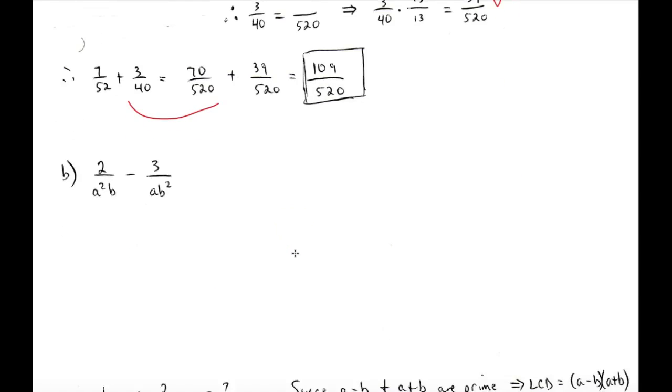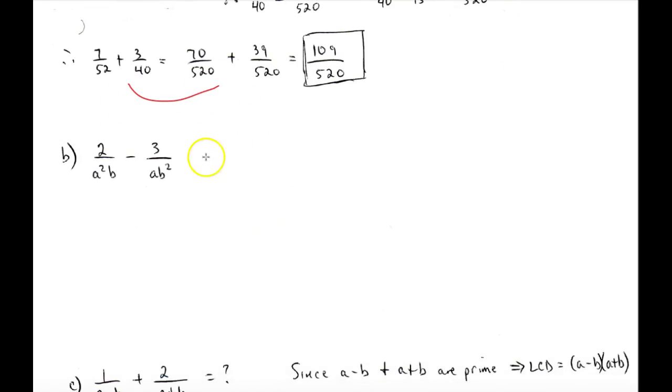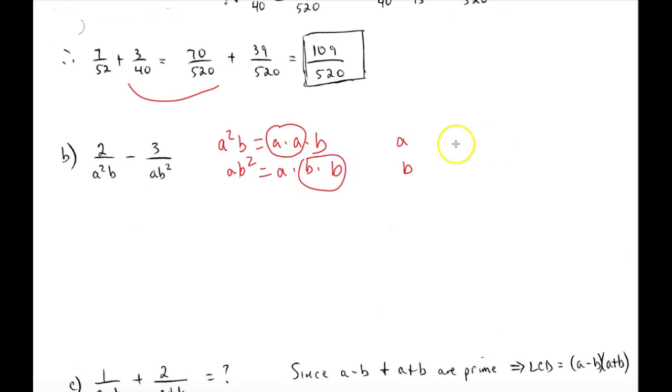In example 2 here, notice that we have a squared b, which is just a times a times b, and a b squared, which is just a times b times b. And so we have a's and b's. The row with the most a's is this one. The row with the most b's is this one. So our LCD is just a squared b squared. Okay. So if we form an equivalent fraction here, we know that the one thing that is missing on the first one is b.